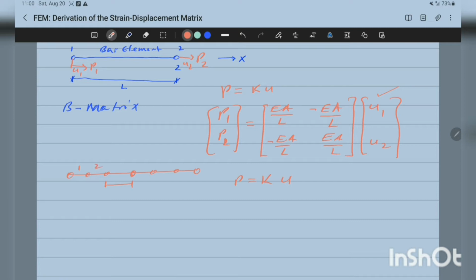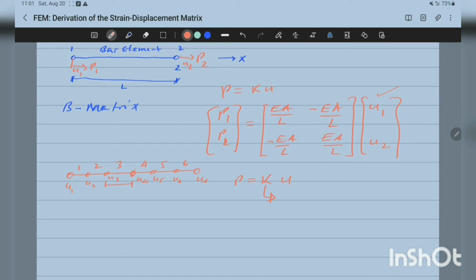So we have 1, 2, 3, 4, 5, 6 elements, and we shall assemble the stiffness matrix for these elements. We shall obtain u1, u2, u3, u4, u5, u6, u7, which are nodal displacements.